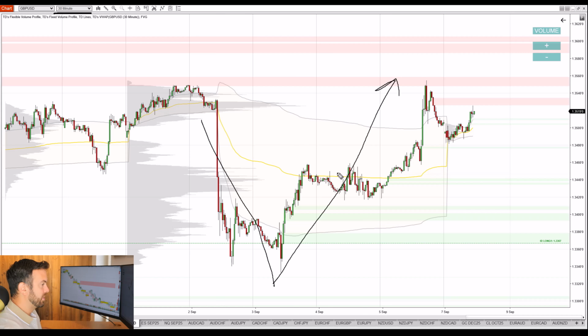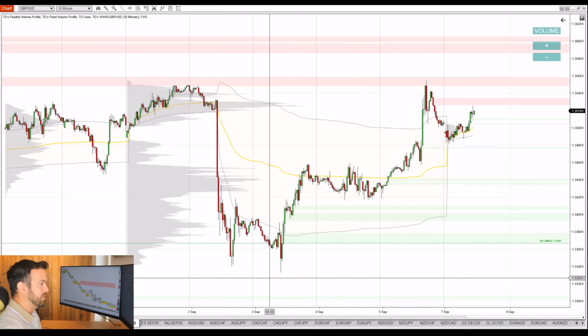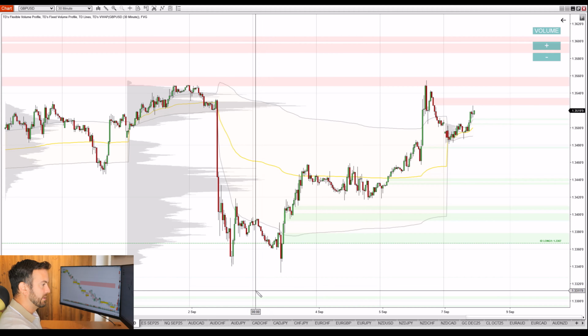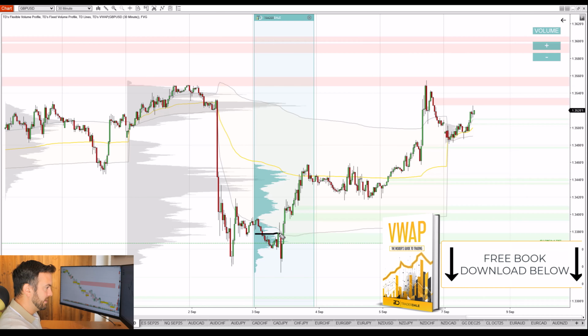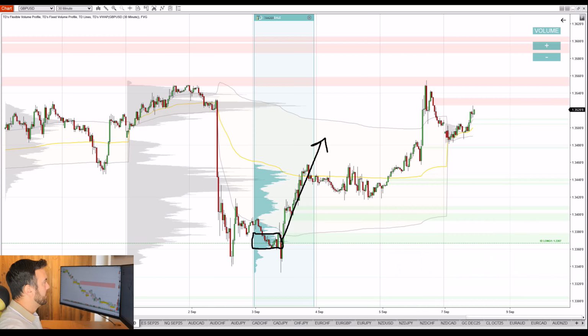So we had this rejection, and you can either look at it as a rejection, or you can take a look at it like this with the volume profile and look into this little rotation, which was followed by this aggressive buying activity. So in either case, what we have is a significant volume cluster which formed before the price changed its direction, right?